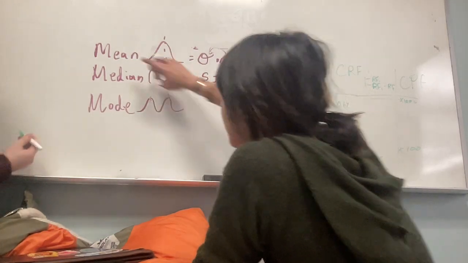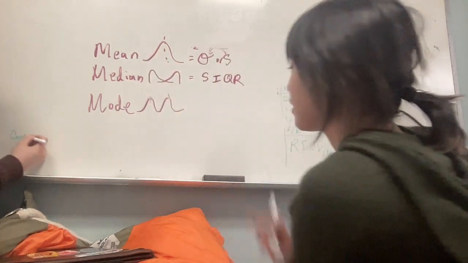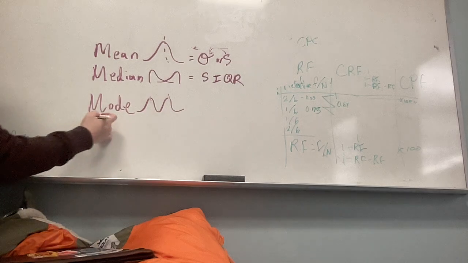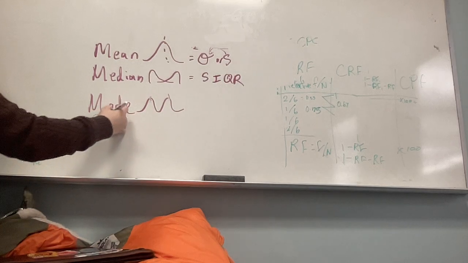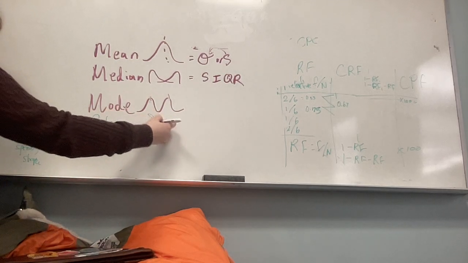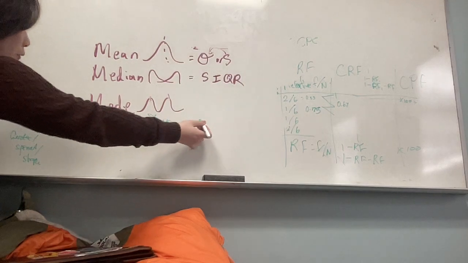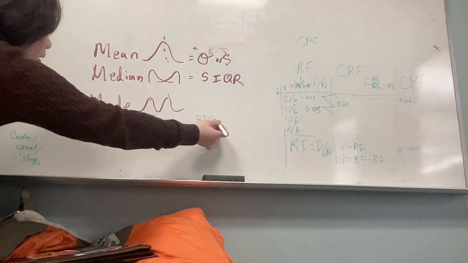Or if you use mean, you wouldn't want to use SIQR. Center, shape, and spread.